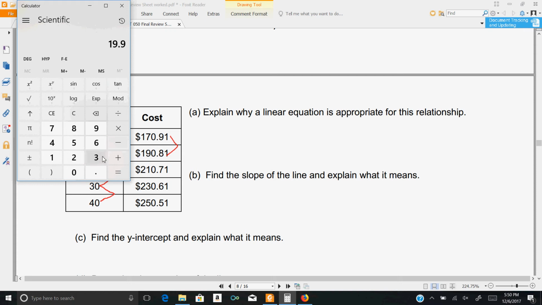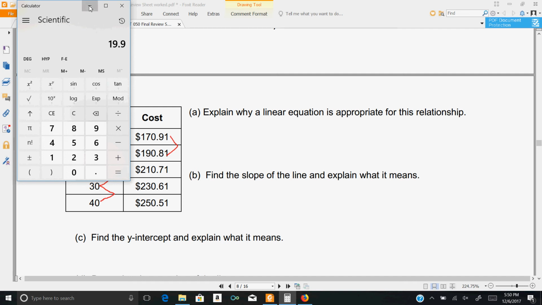I'm going to do the same thing again. I'm going to try 210.71 minus 190.81, and I get 19.9.